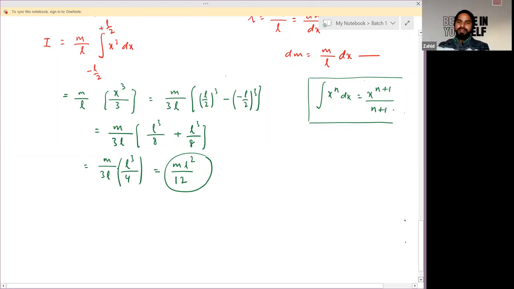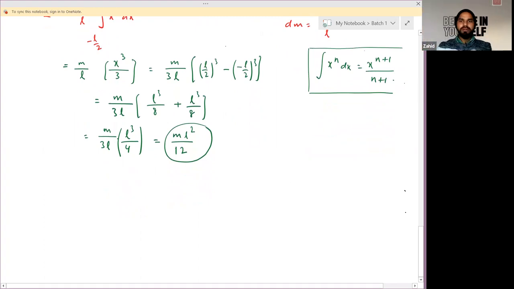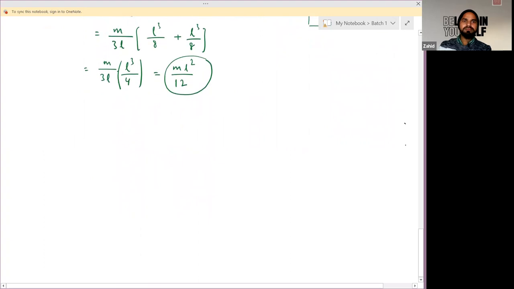Now, I'm defining the moment of inertia of different objects, which you have to remember. Moment of inertia of rigid bodies.